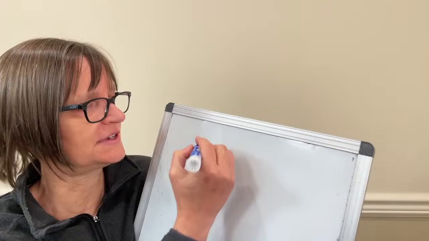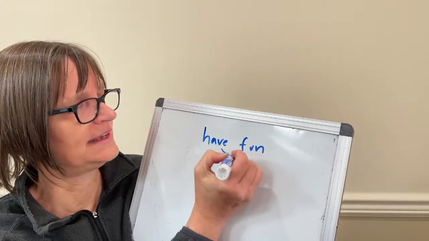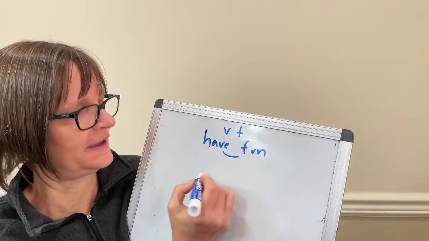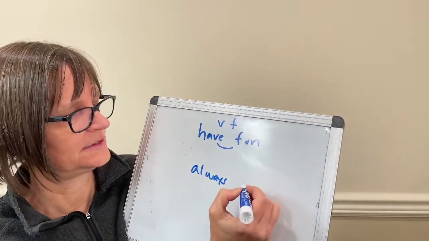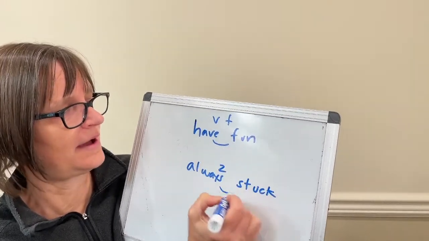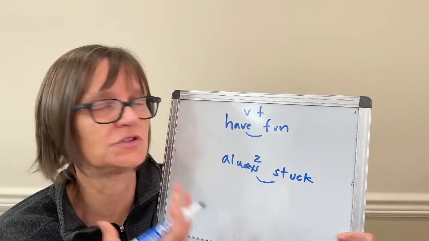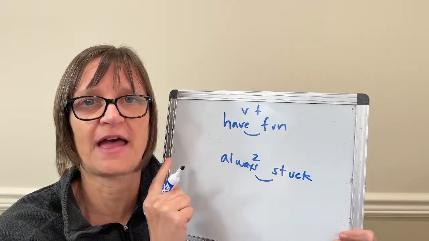Question about the V in have fun and the Z in always stuck. So this is an example of linking between a V and an F, and in always stuck, the Z to S linking. I don't have to strongly make two separate sounds. I don't have to do have fun, but rather have fun.